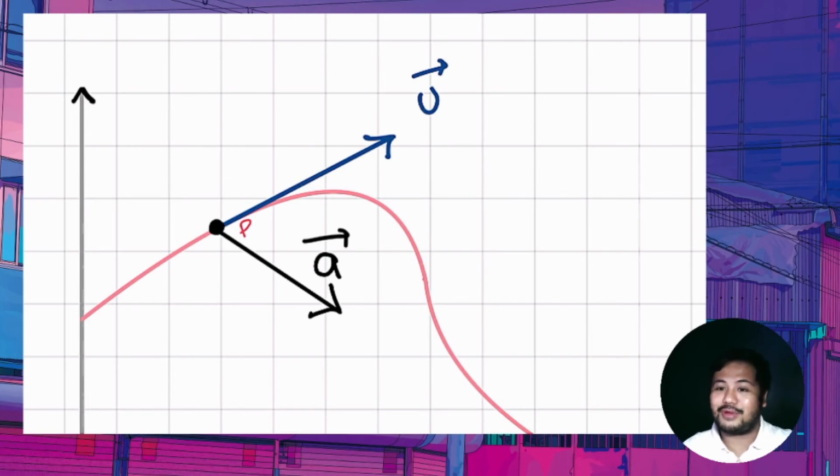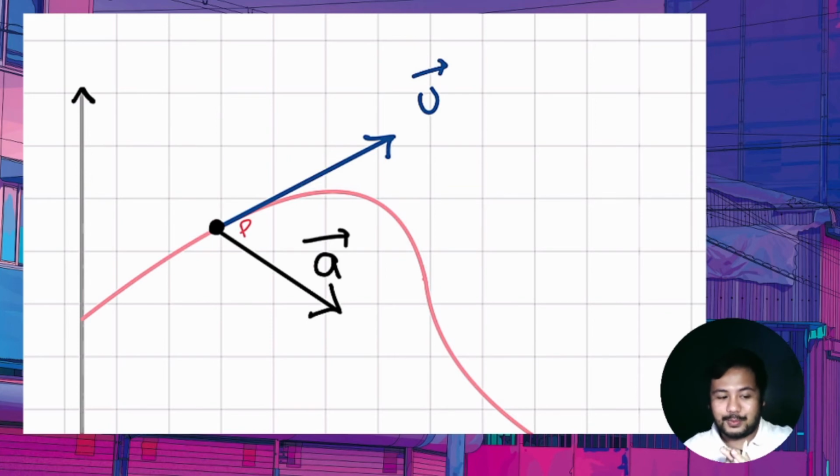You have your x and y components, okay? And this acceleration vector, we could also formalize its components. We could have the parallel component and the perpendicular component, and we call them the tangential and the parallel component of acceleration.